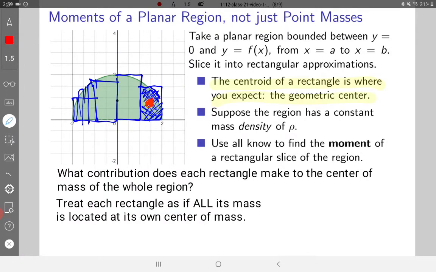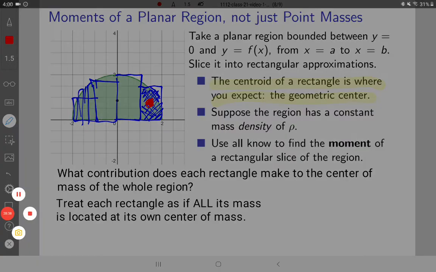So that's why I've drawn that dot right there, right in the perfect middle of a rectangle. Again, I know that the rectangle is not perfectly approximating that curve because I've drawn it so big, but imagine in the limit as I have a ton of really thin ones, then it's not so bad of an estimate. In the limit, it becomes better and better. So we're going to pretend that all of the mass of the rectangle is located at that geometric center. Let's talk about what that center point is and what its mass is.